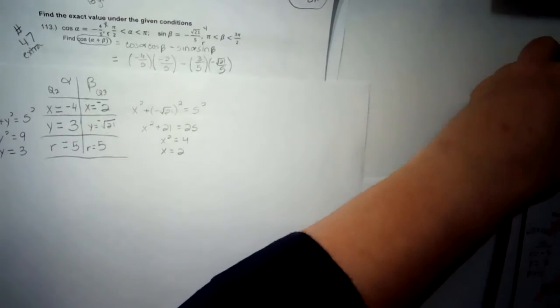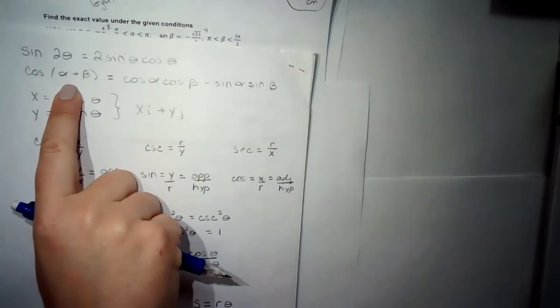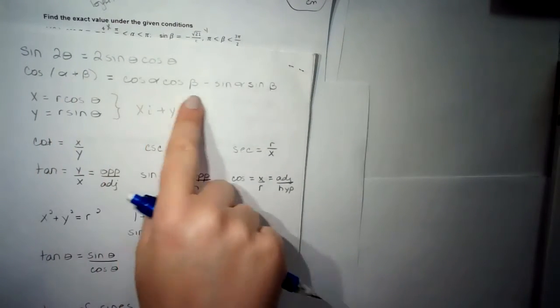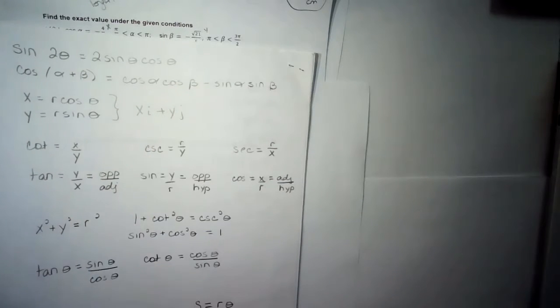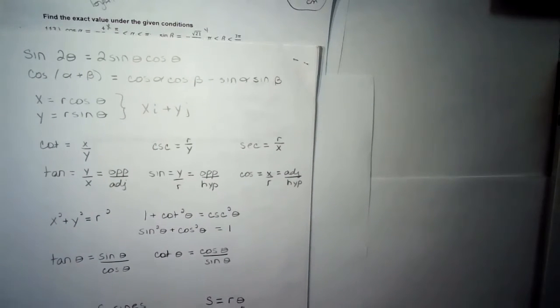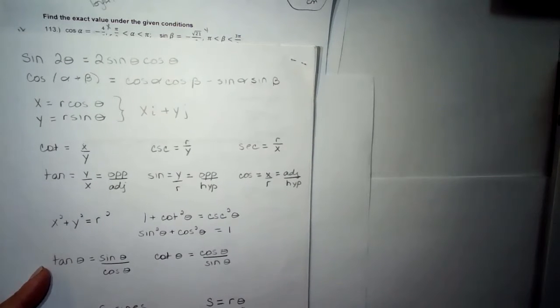Does that make sense? Let me make sure I didn't write it wrong. No, here it is. So here's your cosine alpha plus beta. Here's your formula that you're going to want to use. There's a minus in between there. That's the only one you're going to need. I don't want you to take up any extra room with stuff you don't need. Are we good so far?